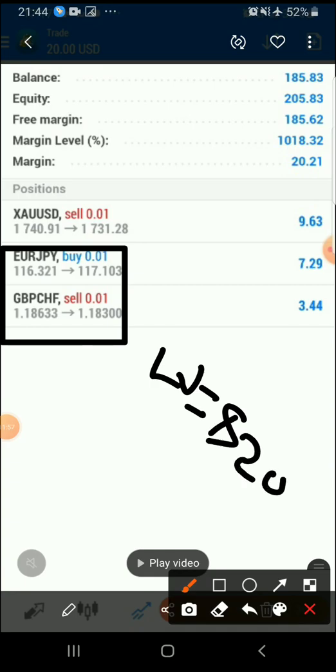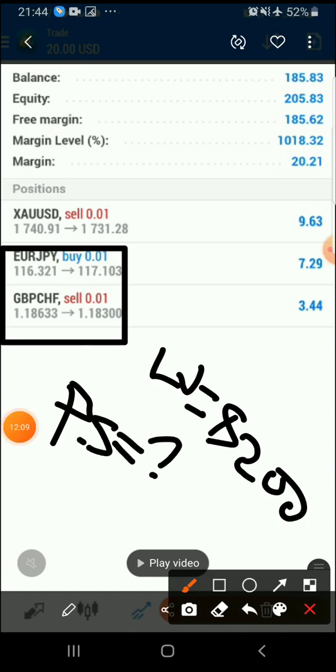So tell me what position size I am trading in this place. Then also tell me the pips here. What are the pips? Tell me the pips in these two places that I am showing you currently. Hopefully you can get it.